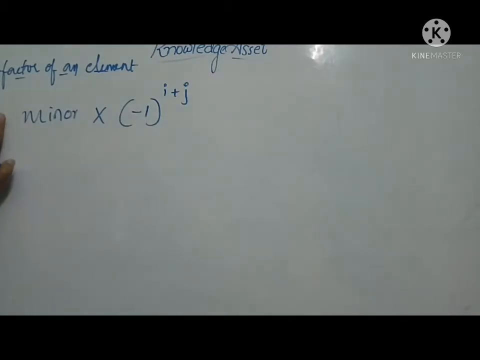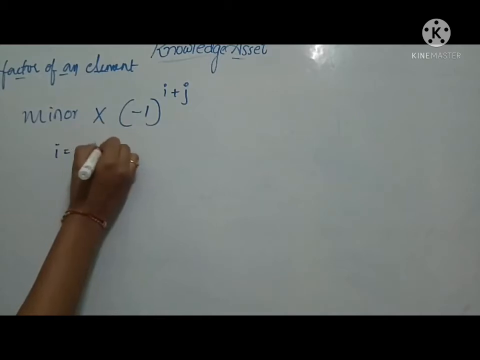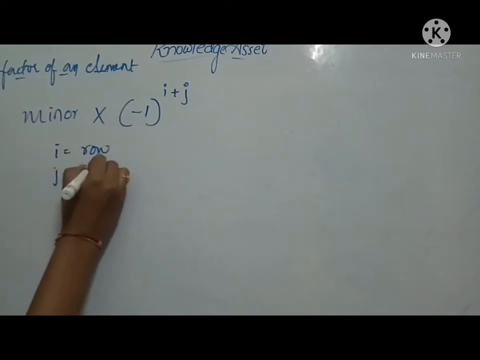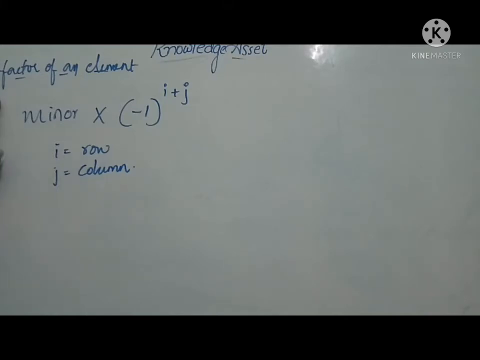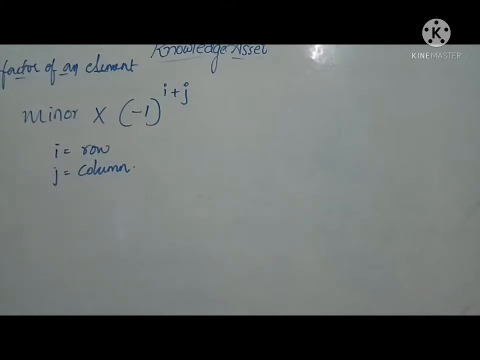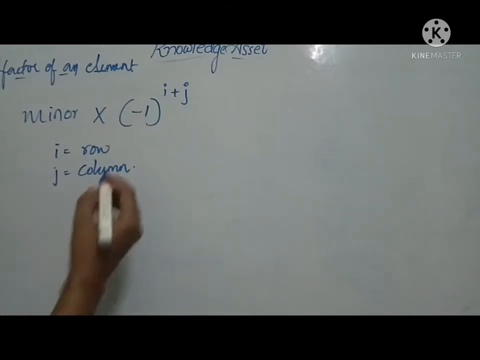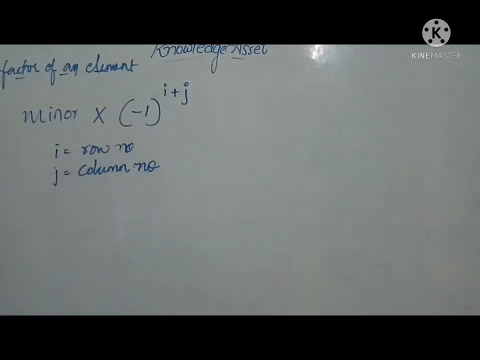What is this i plus j? i is the row and j is the column. The cofactor of an element is determined by the product of the minor of the element and minus 1 to the power i plus j, where i is the row number and j is the column number.